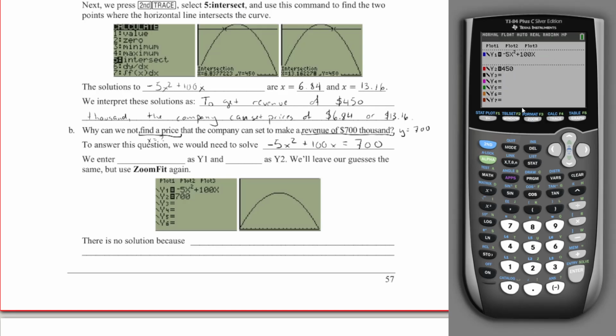Going back into my y equals, I'm leaving negative 5x squared plus 100x as y1, but now I'm going to make my y2 be 700. And I'm going to leave my guesses, so I'm not going to go back to the window screen. I'm just going to say zoom fit again.